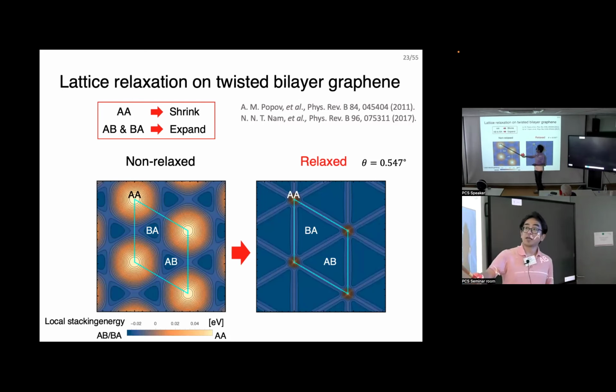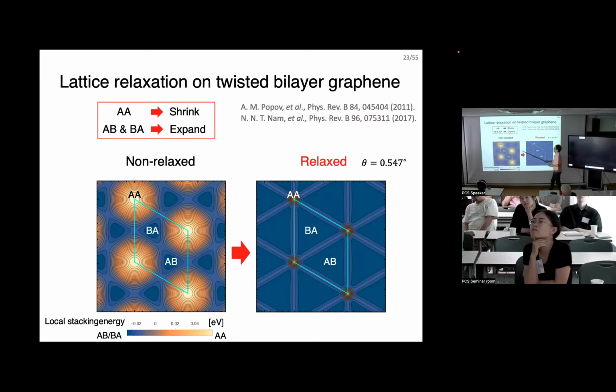You can see that energy is very, very high at the AA spot where the honeycomb lattice is completely overlapped, and it's low in the graphite type. After the lattice relaxation, it turned out this undesirable AA part shrunk dramatically, and the AB and BA parts actually expand this way. How was it calculated?